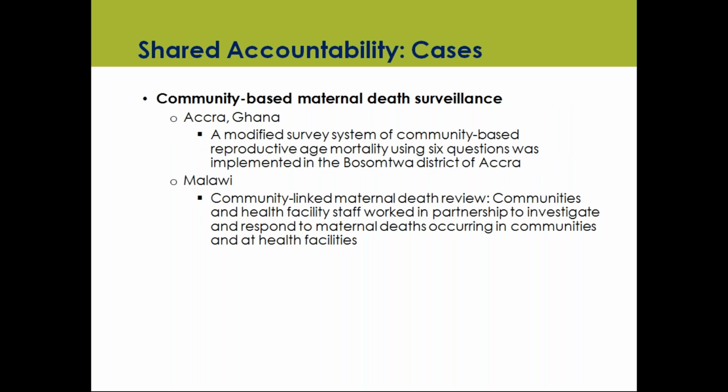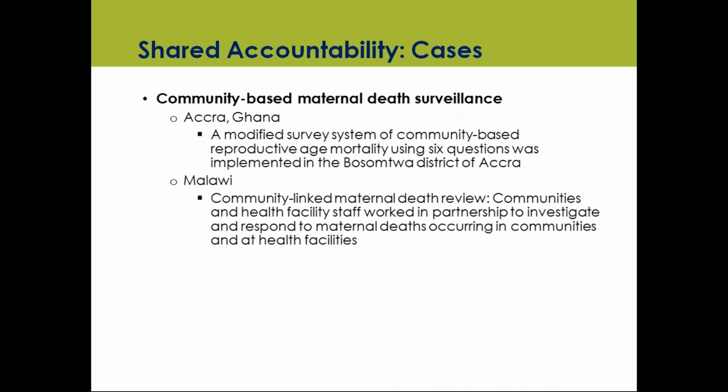Similarly, if we look at Ghana or Malawi, they established a community-based maternal death surveillance system. The health system came up with some method, like 6 questions, to help the community do an assessment or understanding of the mortality within the reproductive age.